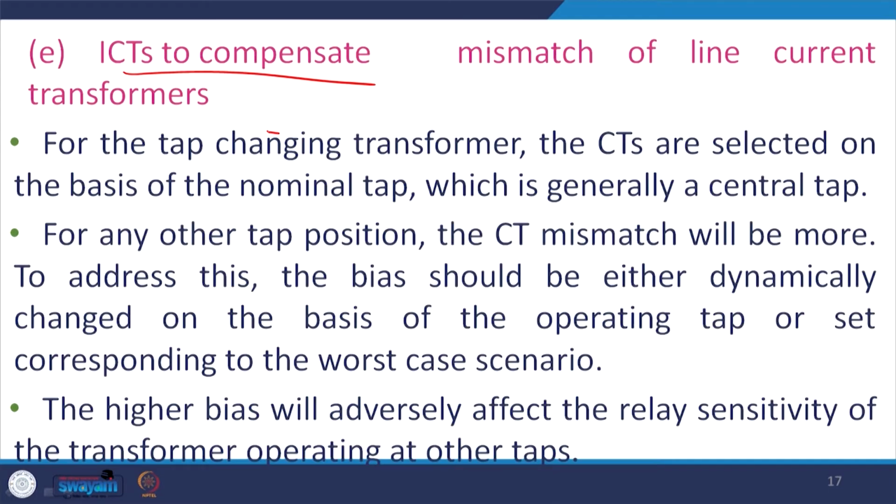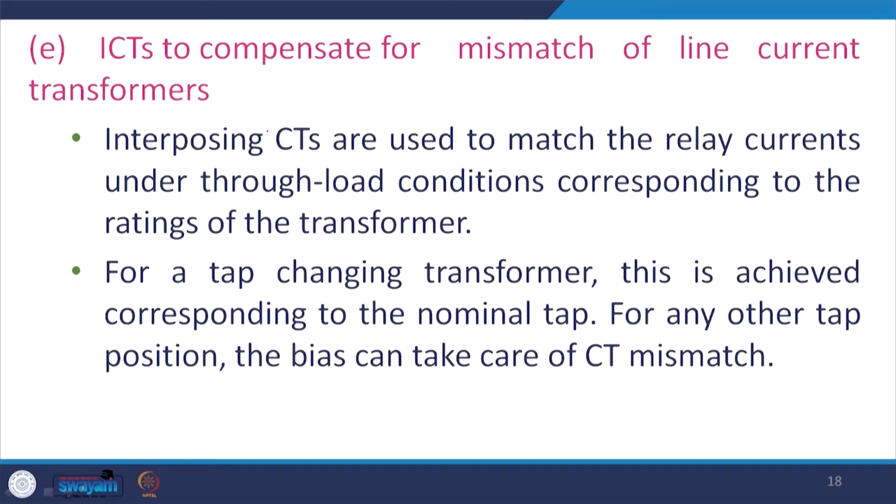Interposing current transformers are again non-standard CTs, and these CTs are at low voltage. That means, if I wish to compensate the magnitude of current as well as the phase shift at lower voltage and lower current, then we can go for interposing current transformers. When we use them, they can easily compensate whatever mismatch there is in magnitude as well as in phase.